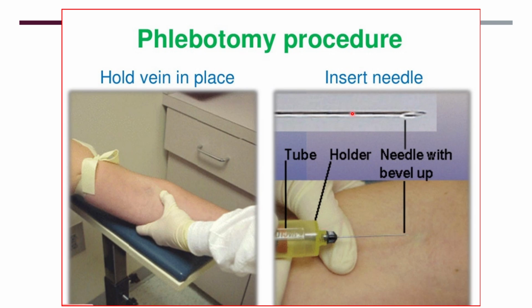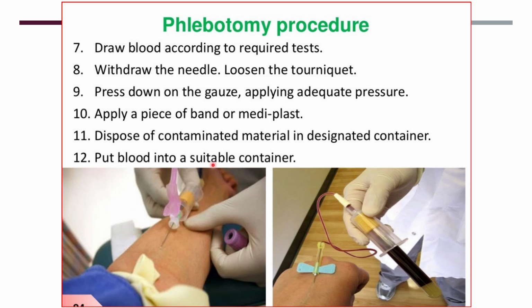Then the next step is inserting the needle with the needle bevel up. Always try to keep this portion upside, which you can visualize. And the next step is to draw the blood accordingly.